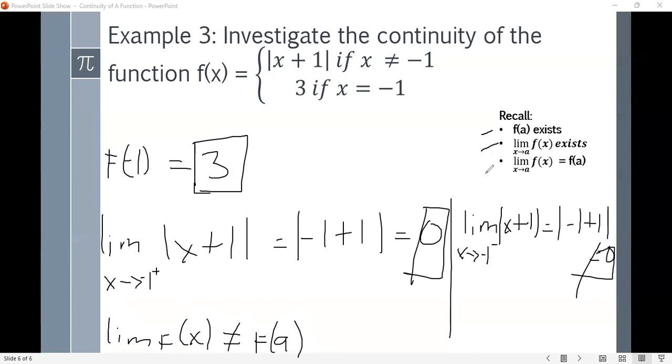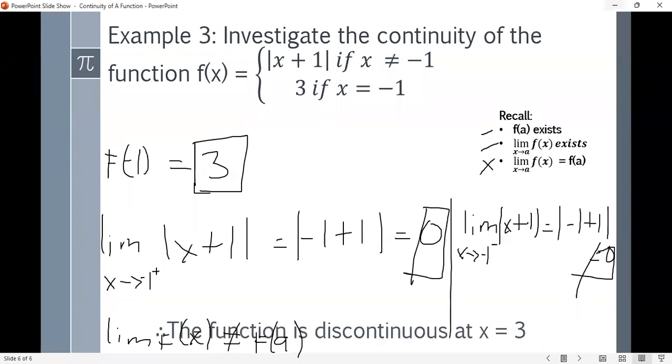Pero, sa ating last condition, na the limit of f of x as x approaches a is not equal po kay f of a, mali po ito. So, ibig sabihin, discontinuous ang function at x is equals to negative 1.